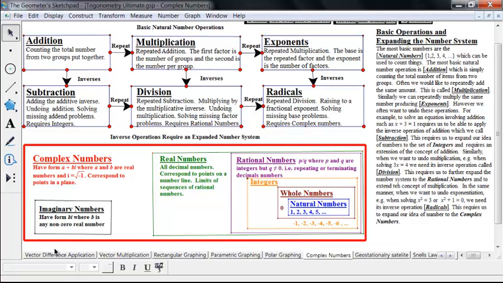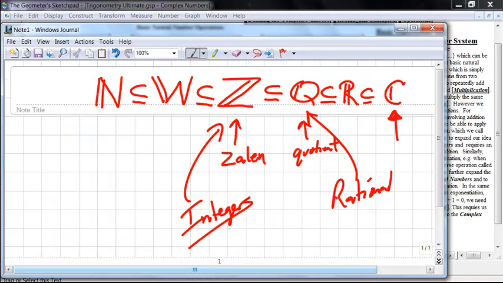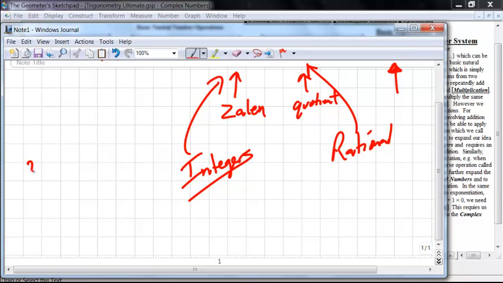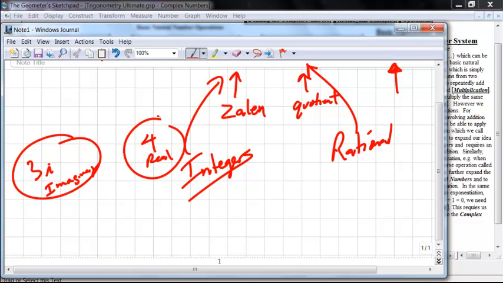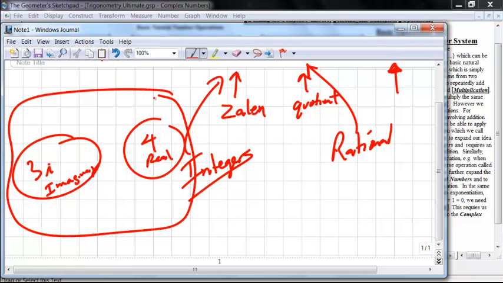But notice that of the complex numbers, there are many of them that are neither real nor imaginary. So 3i is imaginary, 4 is real. These are both complex, but 3 plus 2i is complex but not real.